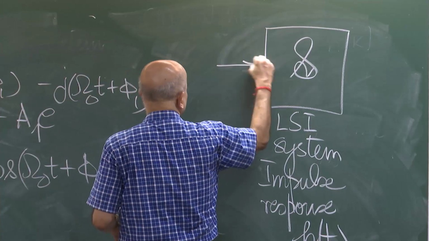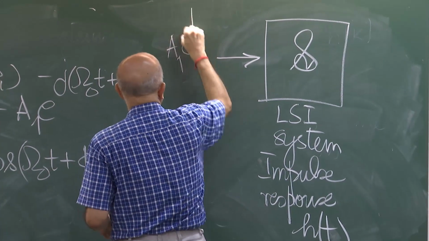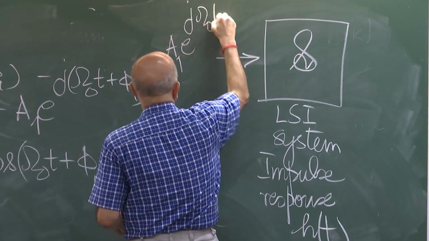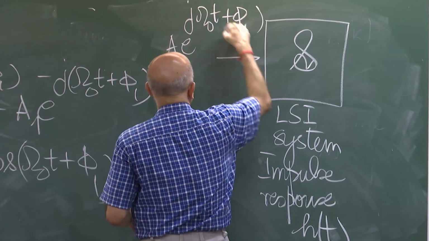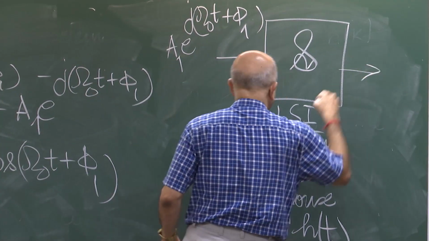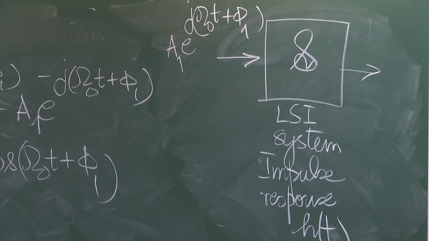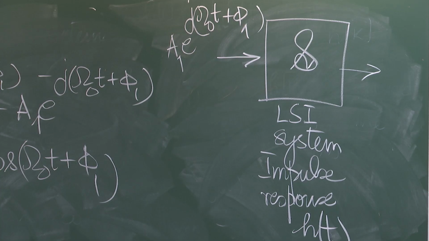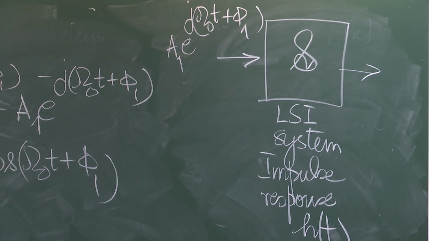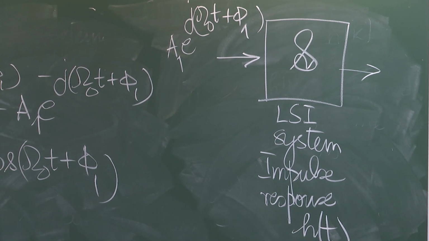Apply to it the input A1 e raised to the power j omega naught t plus phi 1. And look at the output. Let's find out the output. In fact, I would request all of you to calculate the output, but here we'll write the output a little differently. Before we calculate the output, let's first establish a property of convolution.